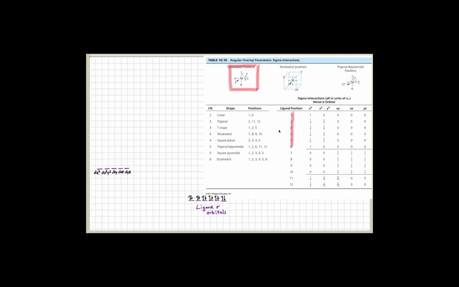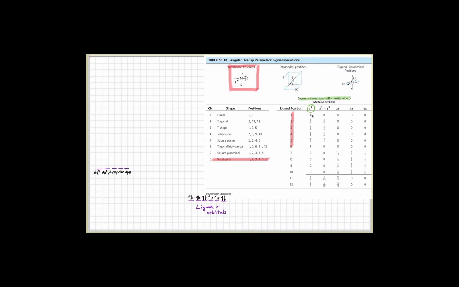So this is how this works. For octahedral, we have positions 1 through 6, and just considering the dz squared orbital first. Okay, so the dz squared has strong overlap with the ligands in positions 1 and 6, and a little bit weaker overlap with ligands in positions 2 through 5.